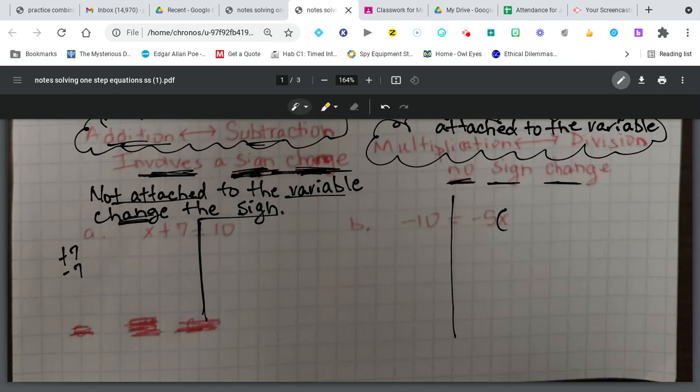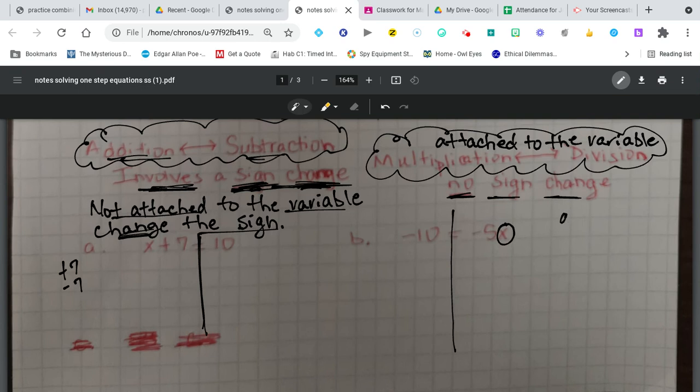Here the variable is on the right. I want to get rid of -5. But -5 is attached, okay? That means it's a multiplication or division. When it's attached to the variable, it's multiplication or division.